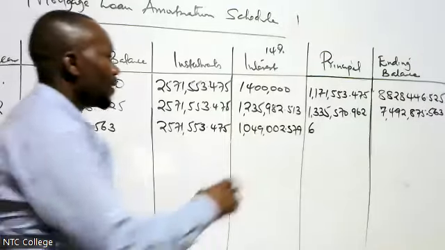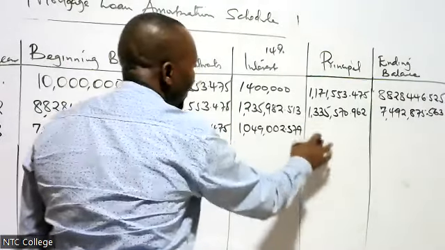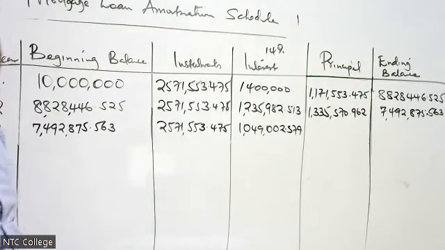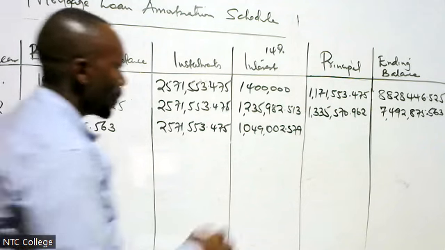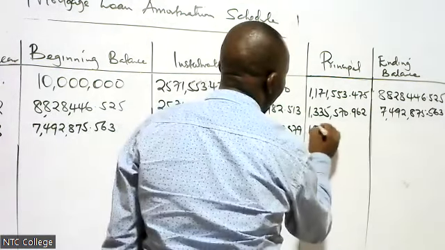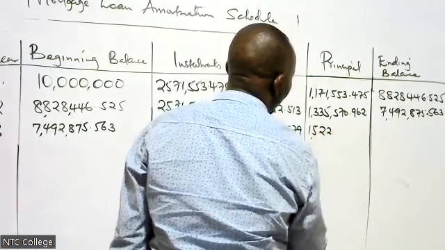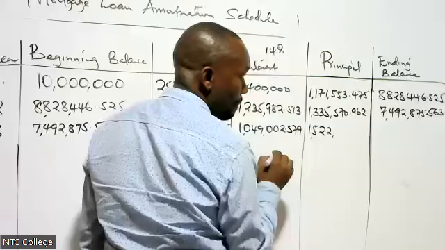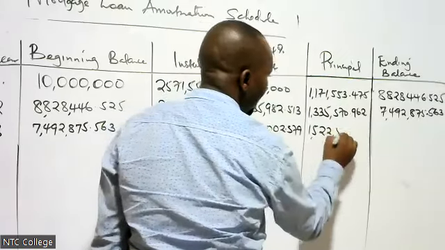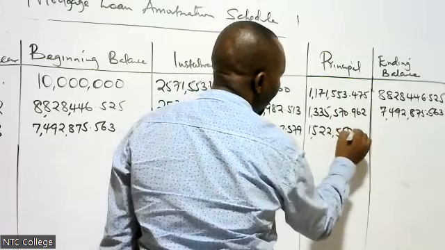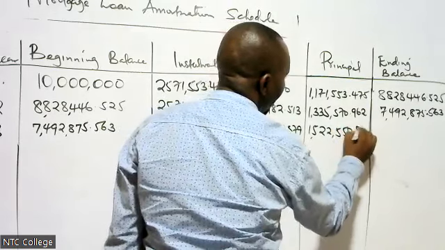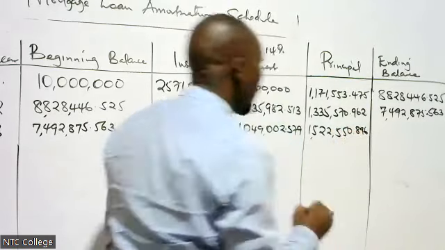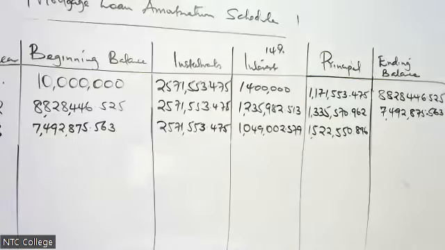No. Pole pole. That one nitaandika. Get me the principal. 1522. 550. Copy? 550. 0.896. 550.896.